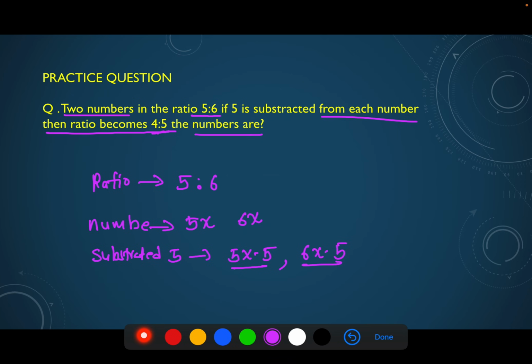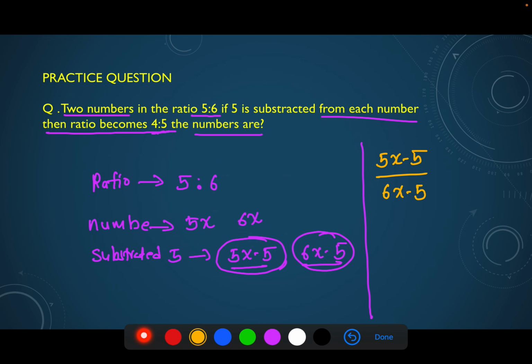He is asking for the numbers. He doesn't want these equations, he wants the numbers. So what is the relation he has given? The relation he has given is (5x minus 5) by (6x minus 5) is equal to 4 by 5. Can we write like this?